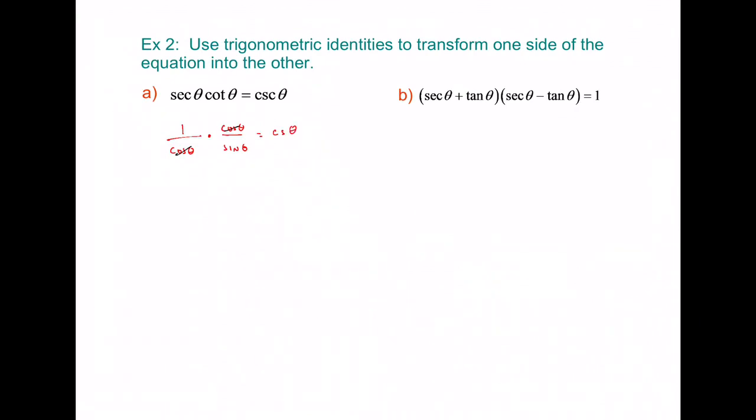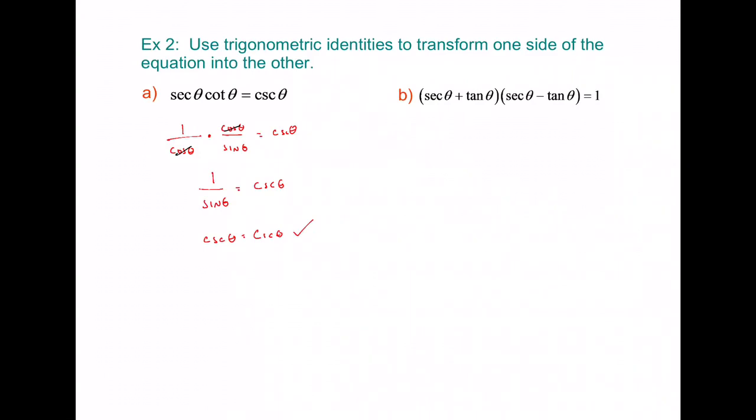Well, we notice that the cosines of theta will cancel out, so that will leave us with 1 over sine of theta. And 1 over sine of theta is the reciprocal for cosecant, so we can rewrite that as cosecant of theta is equal to cosecant of theta. So that's what we're doing, trying to prove that those two things are equivalent.